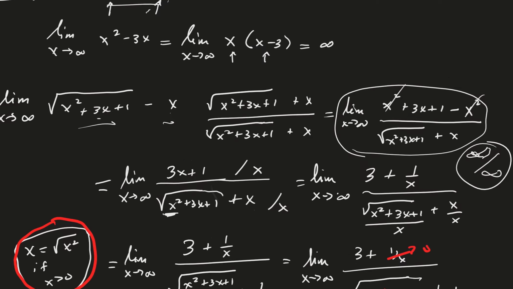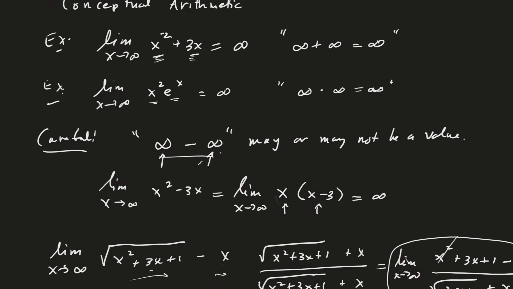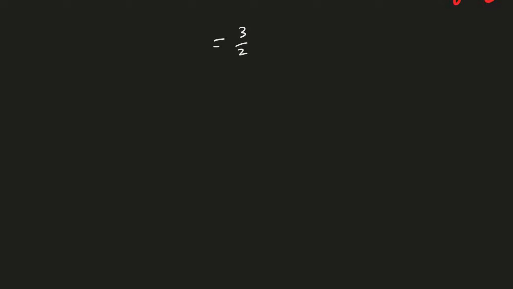Okay, so in conclusion, let's come up here with our conceptual arithmetic. Maybe I'll summarize it down here. So you can say infinity plus infinity is infinity, or infinity times infinity is infinity, but infinity minus infinity is indeterminate.